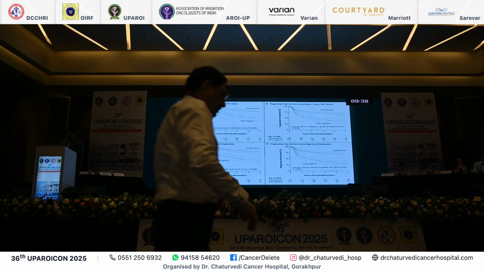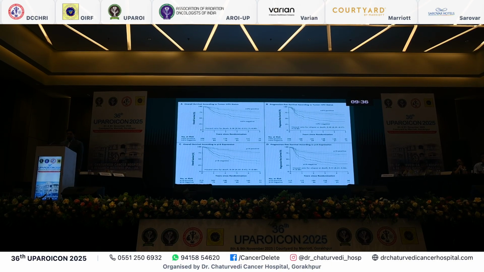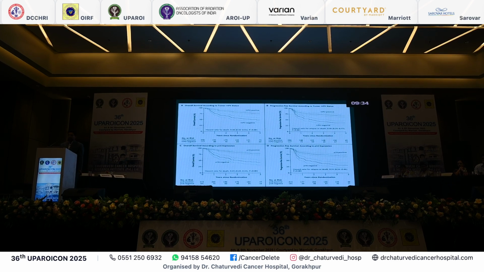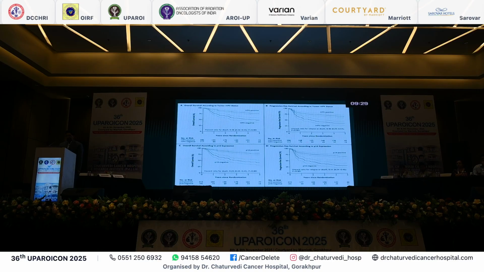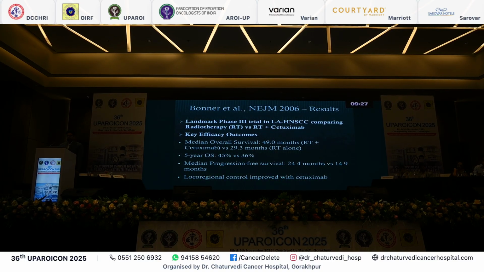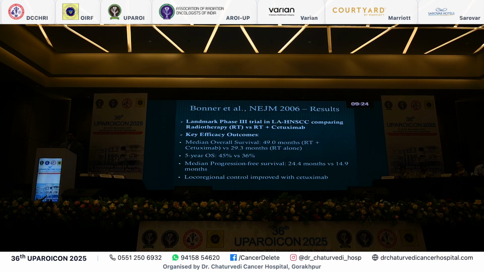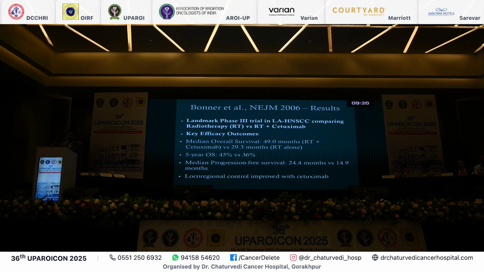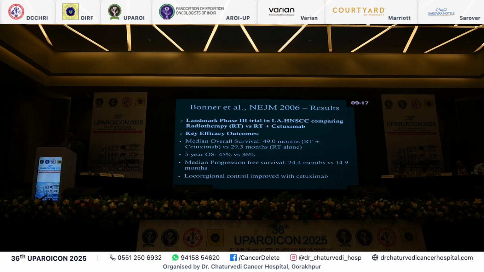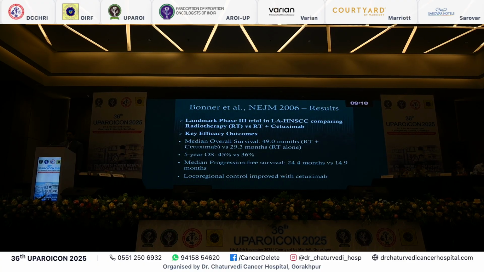So here we can see the improvement of the overall survival in head and neck HPV-positive oropharyngeal cancer patients. Now Bonner et al. is a landmark phase 3 trial in locally advanced head and neck cancer comparing radiotherapy alone versus radiotherapy with cetuximab, and has shown improved median overall survival, 49 months compared to 29 months with RT alone.